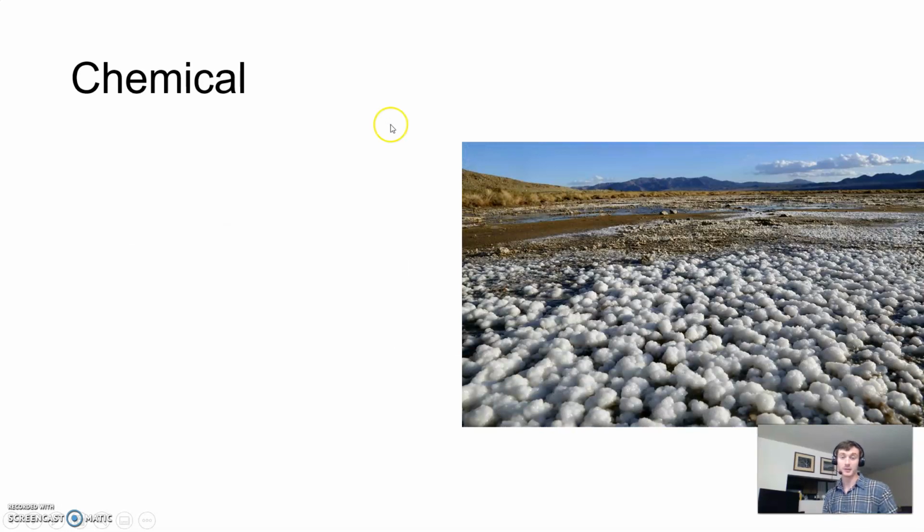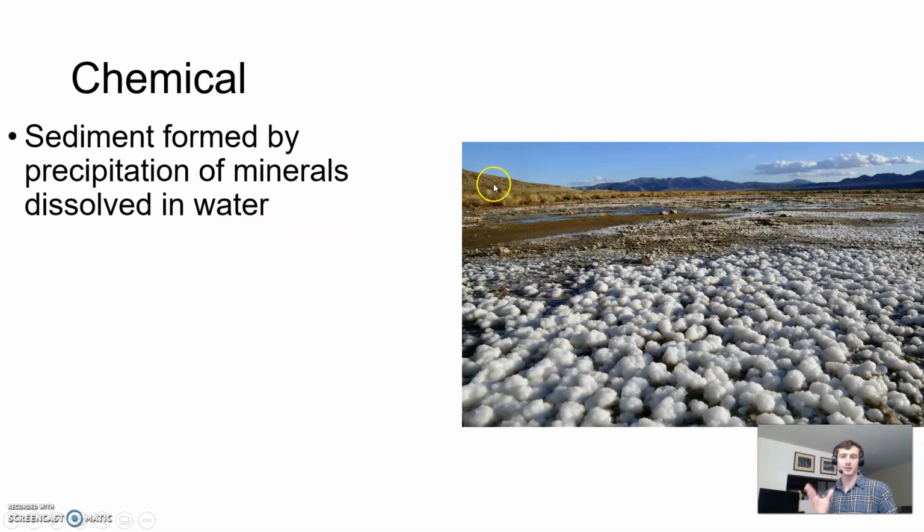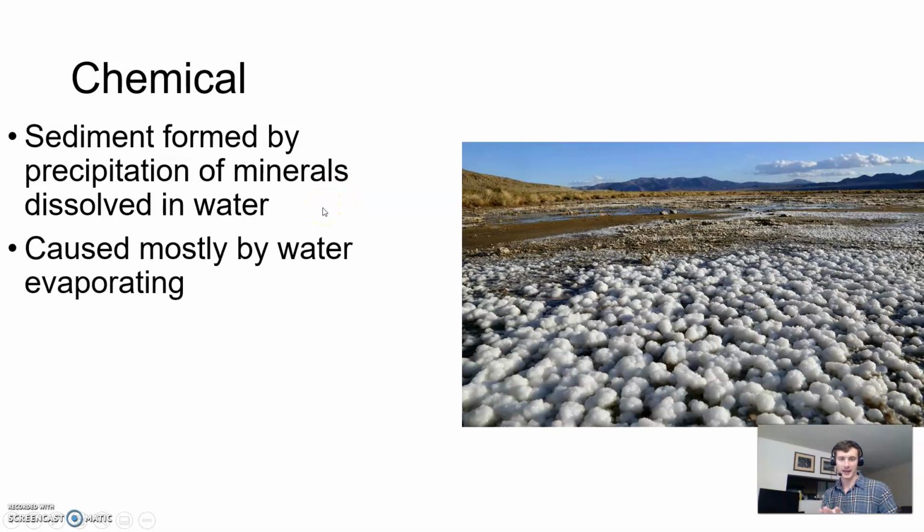We can also talk about chemical sediments. So you notice something like this. A lot of evaporation is happening here, and what's left behind by the evaporation are these piles of precipitates. So these are sediments which are formed by precipitation. You can think of this as the solidifying of minerals dissolved in water. And there's a couple of ways this can happen.